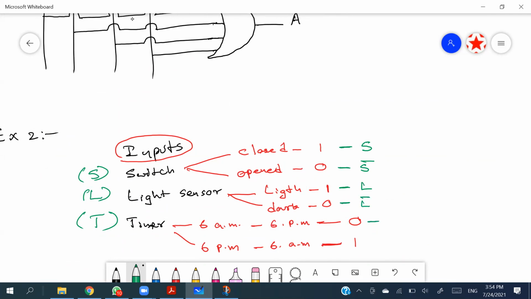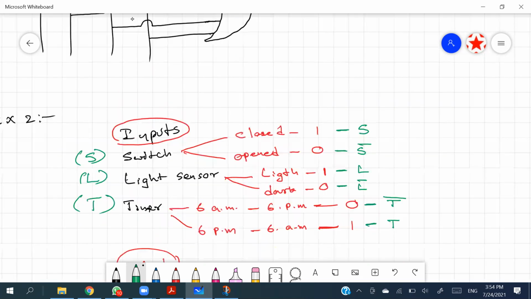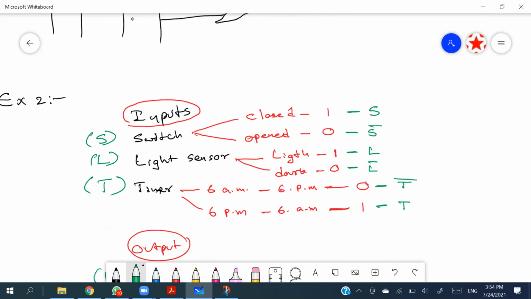In the timer, 0 indicates T bar and 1 indicates T. Right? It is the way of representing those. If a particular variable is there, the 1 will indicate the same state. The 0 indicates the complemented state, or the state reached through the NOT gate.